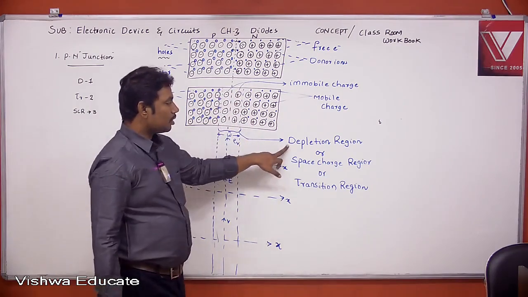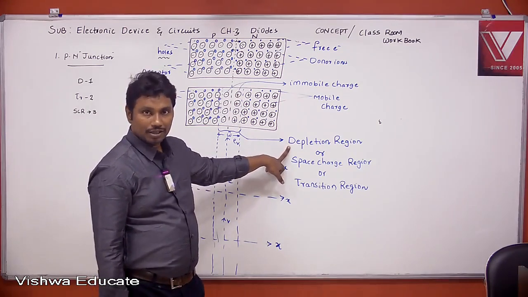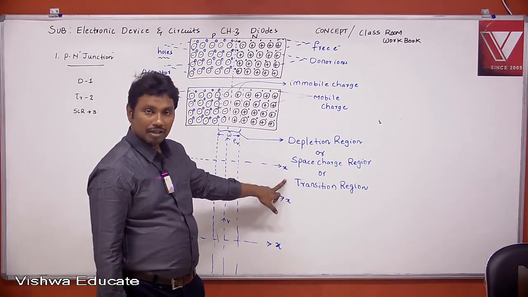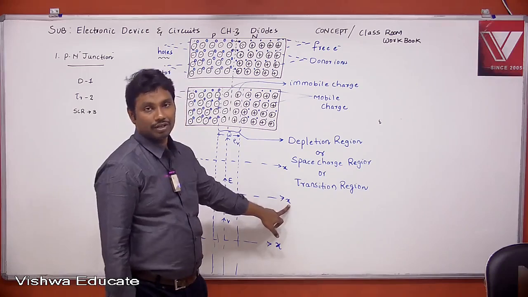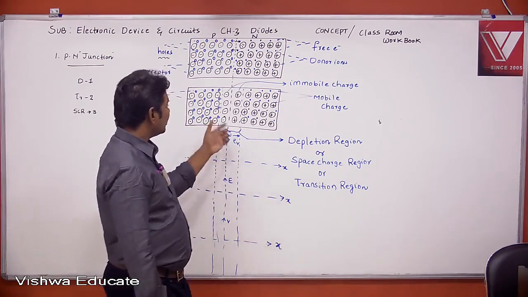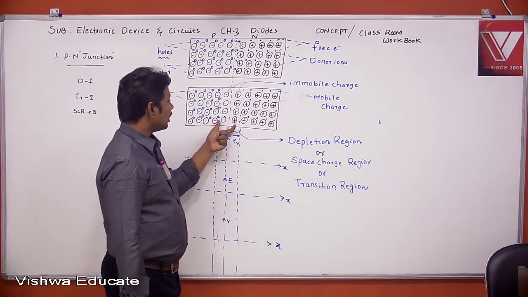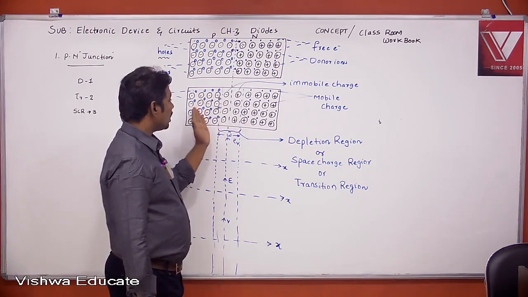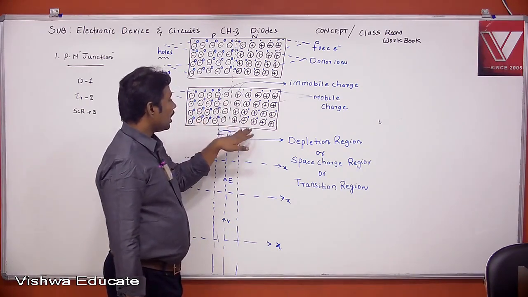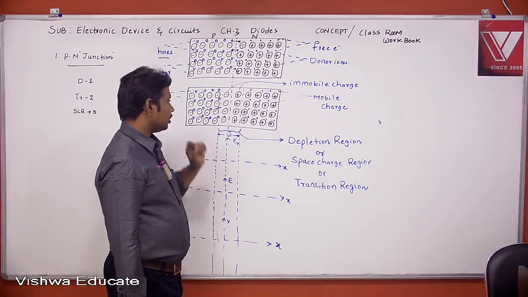This region is called the depletion region, or space charge region, or transition region. This depletion region prevents the flow of charge carriers from P to N and N to P.